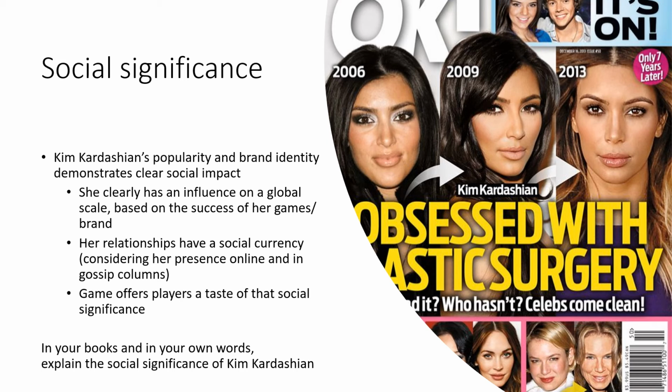The way that she interacts with other people has a currency. It has an importance. The people that she knows, speaks to and works with feed into magazines like OK, the gossip columns, and so on, that provide an insight into the world of Kim Kardashian.